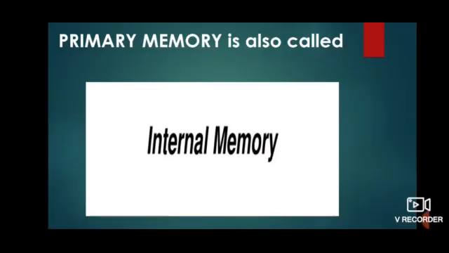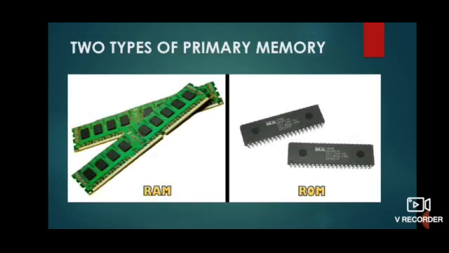It is also called internal memory. Another name of primary memory is internal memory. As I said, it is of two types, that is RAM and ROM. Now let's read what is RAM and what is ROM.